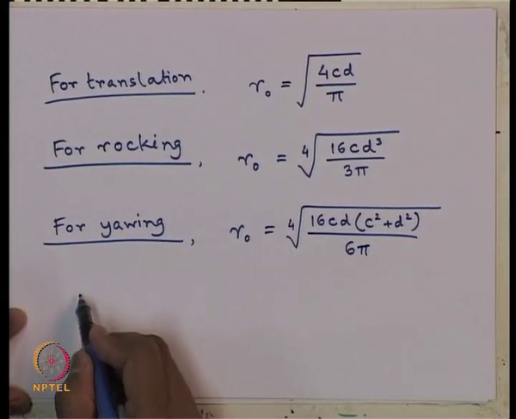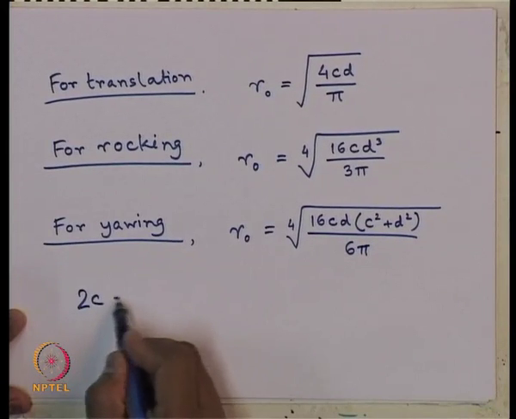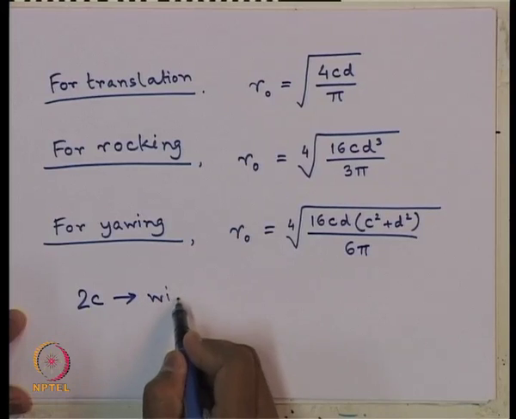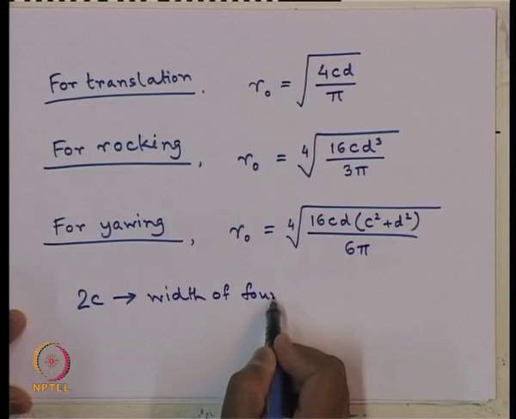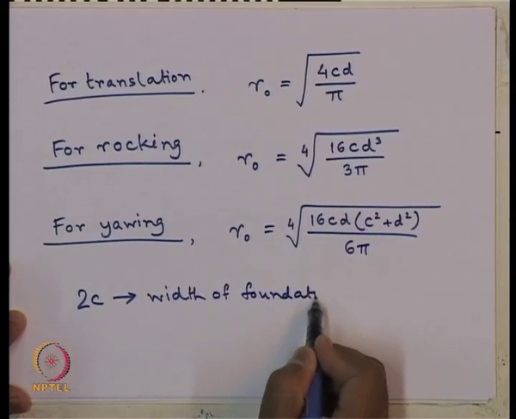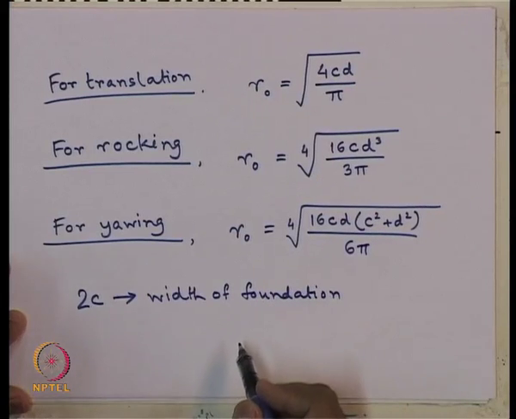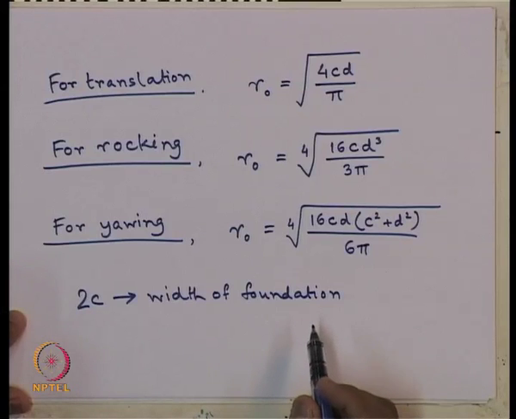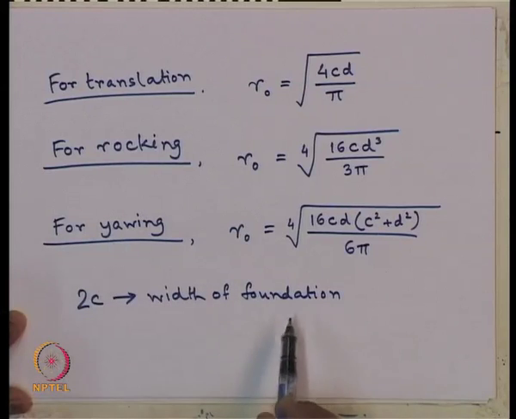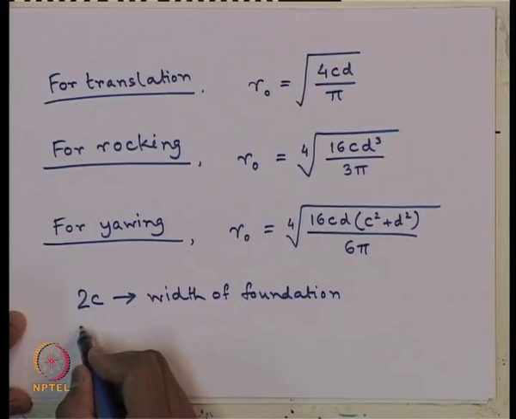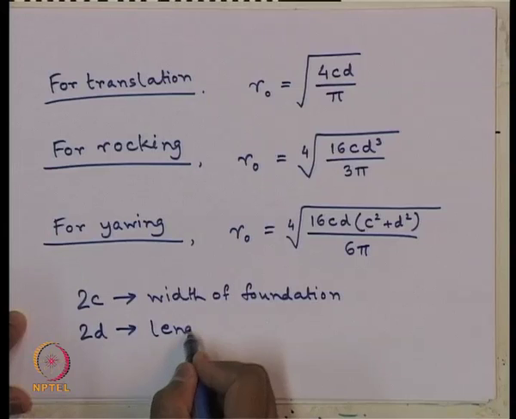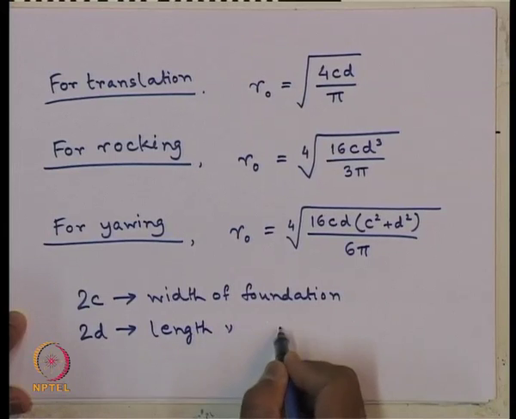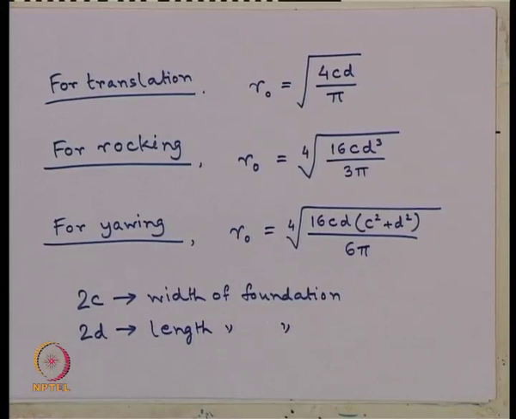What are the C and D? 2C is the width of foundation along the axis of rotation for the case of rocking, and 2D is length of foundation in the plane of rotation for rocking.